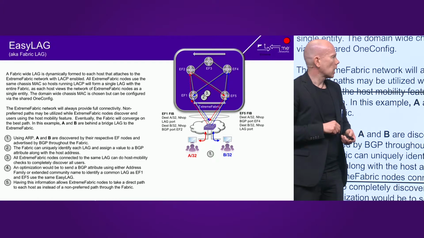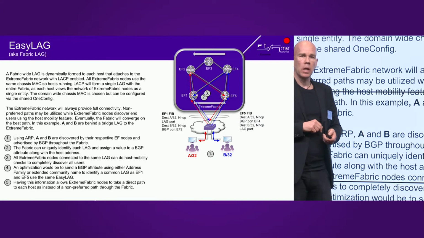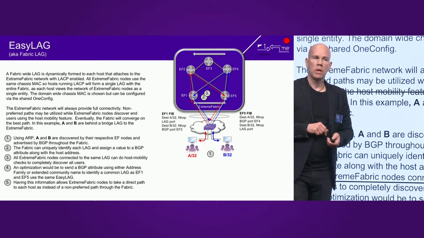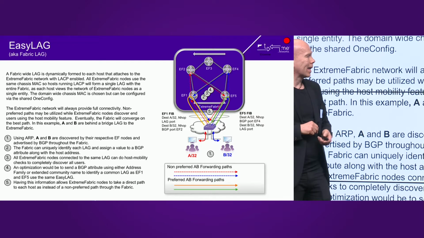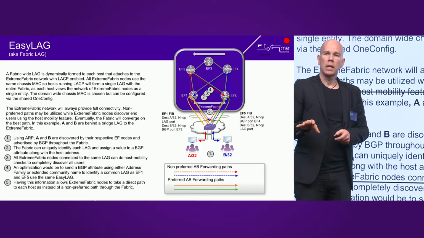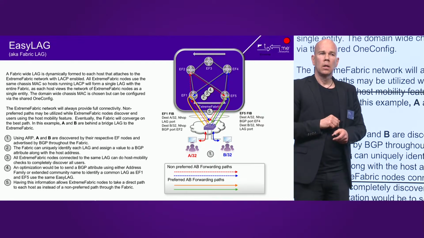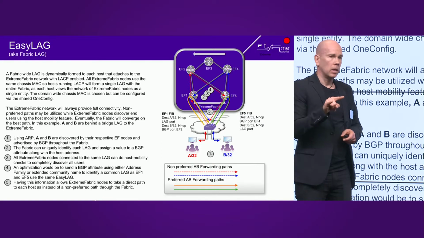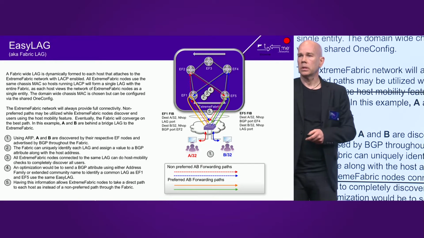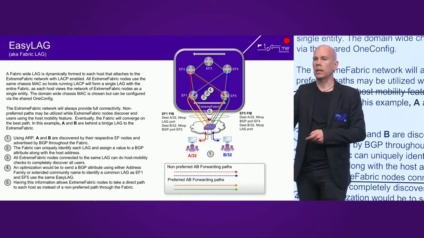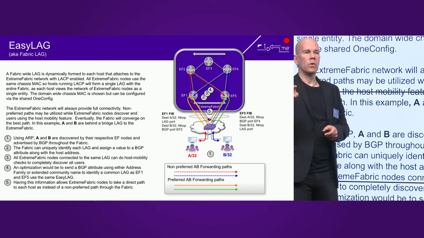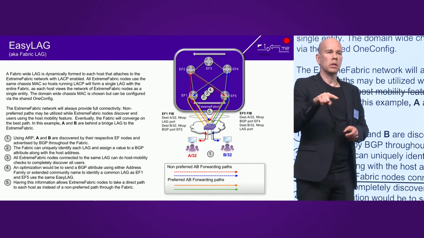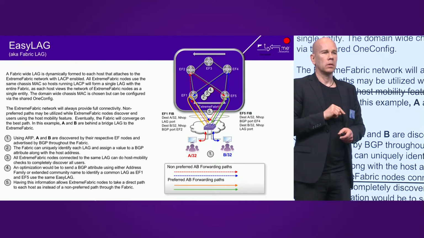Now, by using some additional BGP attributes, you could eventually have traffic passing like this, because at the end of the day, it's a common LAG between 2 elements. This goes back to what I was saying about the fabric seen as a single entity, a single MAC address, which means that even if you had the access connecting into 2 different fabric elements, it's still a single LAG.